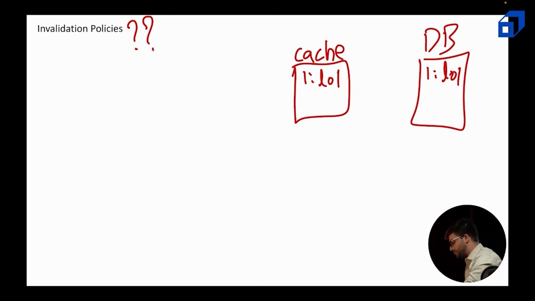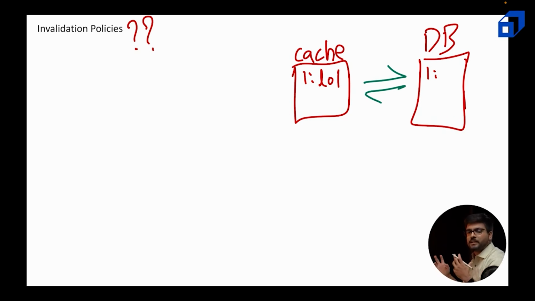Let's say we removed it. So now we don't want the cache to return some information which is not present in the database, or we don't want the cache to be in an inconsistent state as compared to the database. So ideally what we want is both of them are in sync with each other, right?